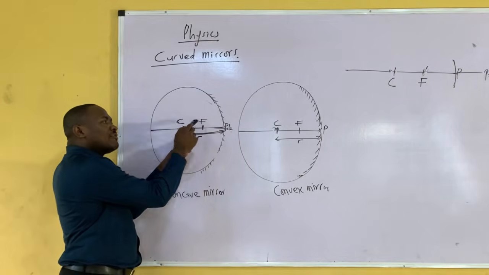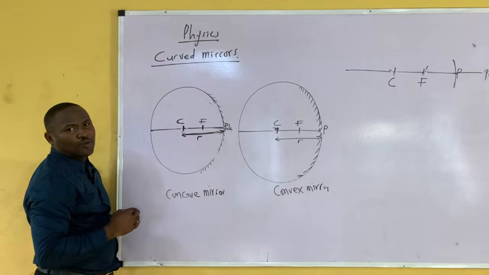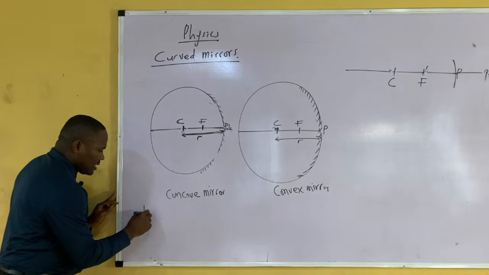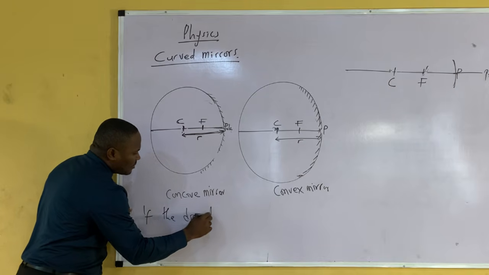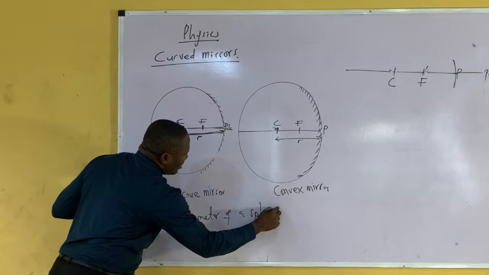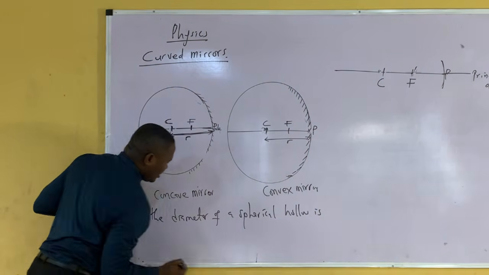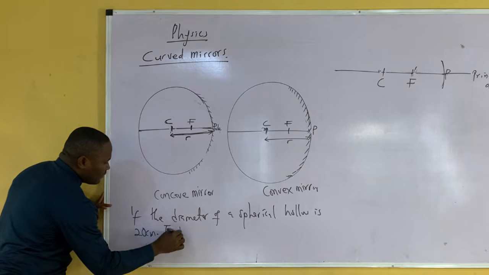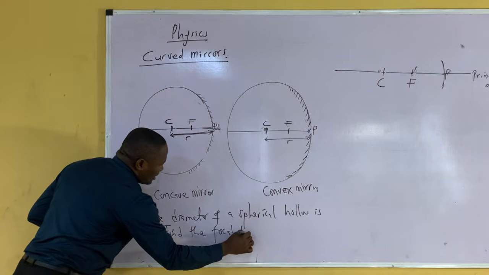Then half the center of curvature is the focal length. So the question says, I will write it here: if the diameter of a spherical hollow is 20 centimeter, find the focal length.